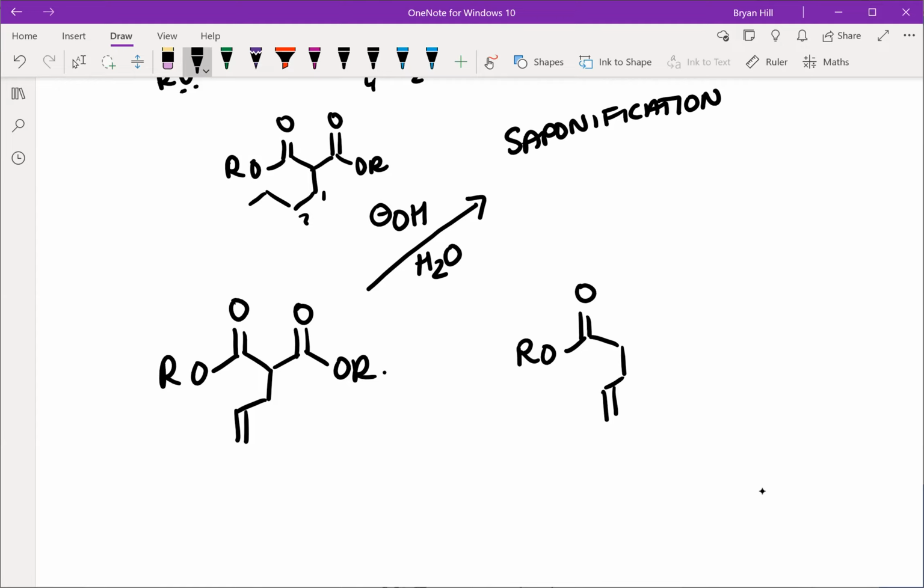So when you use sodium hydroxide, OH minus comes in here, electrons move up, electrons move down, you eject OR. Your product is going to look like this.